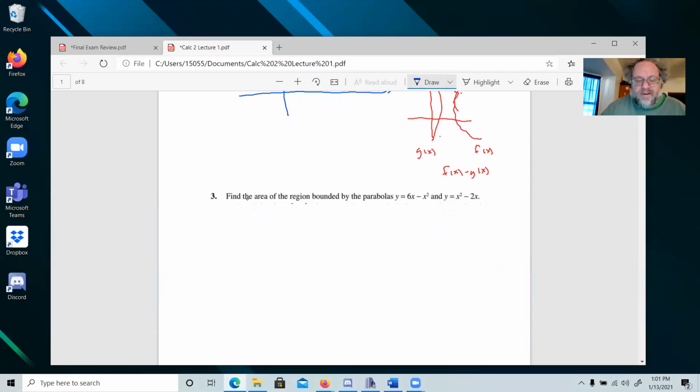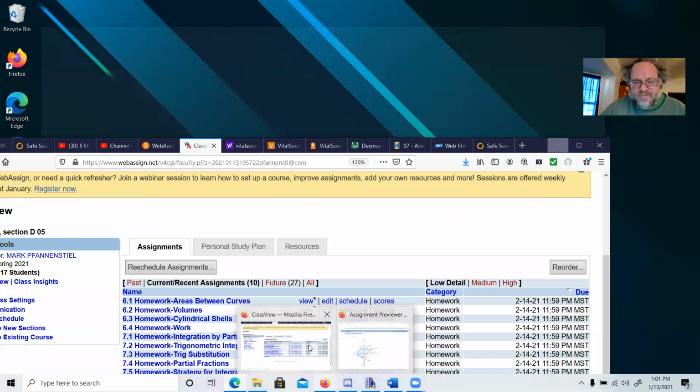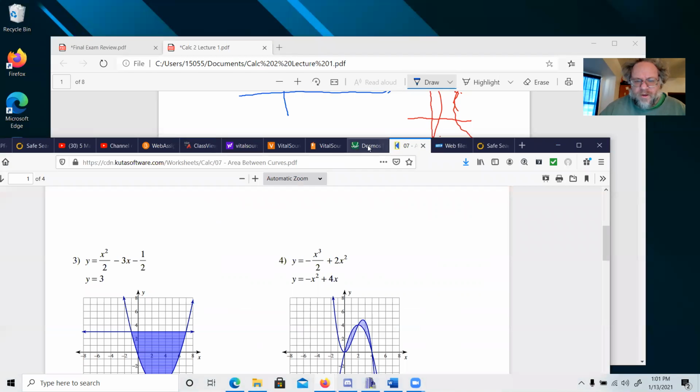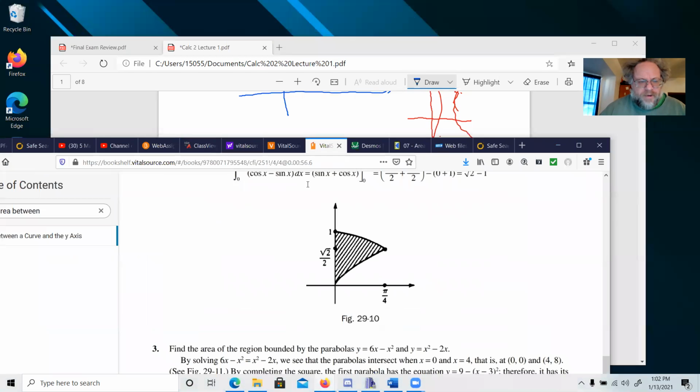I often use books out of something called the Schaum's Outline, just to give you another resource for this. I think it's over here, oh no, wrong one. There we go.